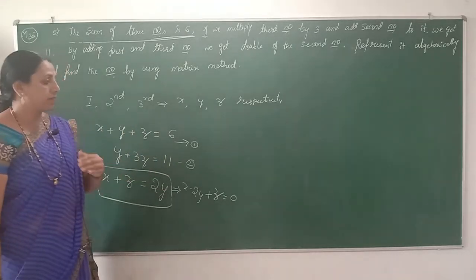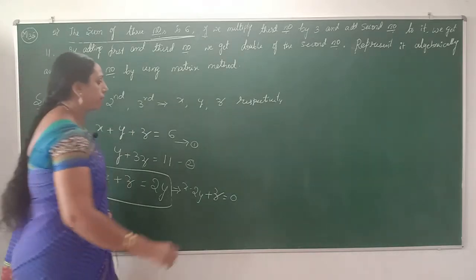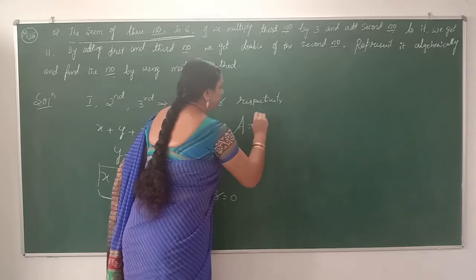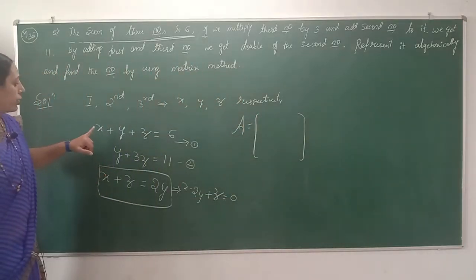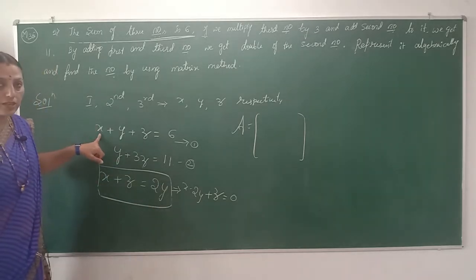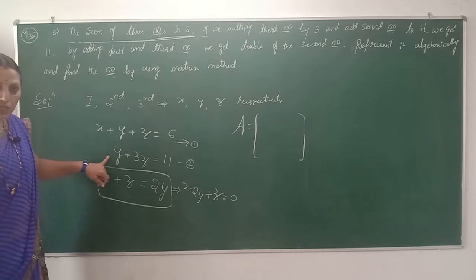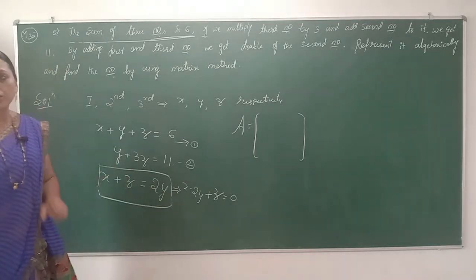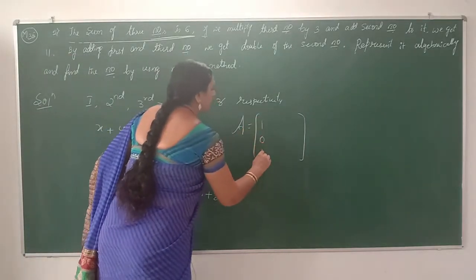The matrix method means the solutions are represented in the form of the inverse of a matrix. First we write the elements of the matrix A, the coefficients of x in all 3 equations. In the first equation it is 1 times x, in the second equation 0 times x, and in the third equation 1 times x. Therefore the elements of the first column are 1, 0, 1.